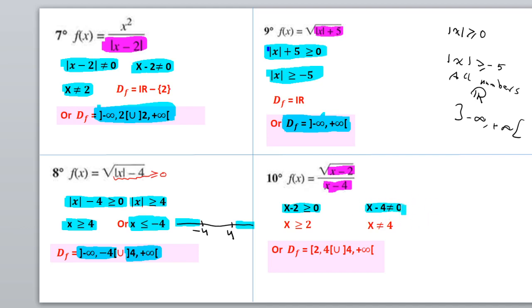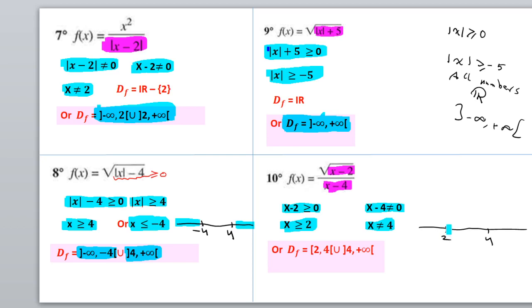بس مش ضروري تكون greater or less. not equal to 0. فإذا the first one x greater or equal to 2, the second one x is not equal to 4. So all the values from 2 and above except 4. okay. يعني إذا عملنا نحن number line like this 2 and 4, all the values except 4.